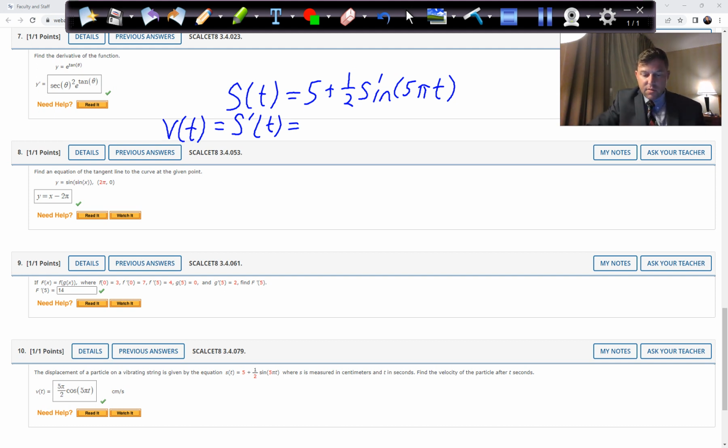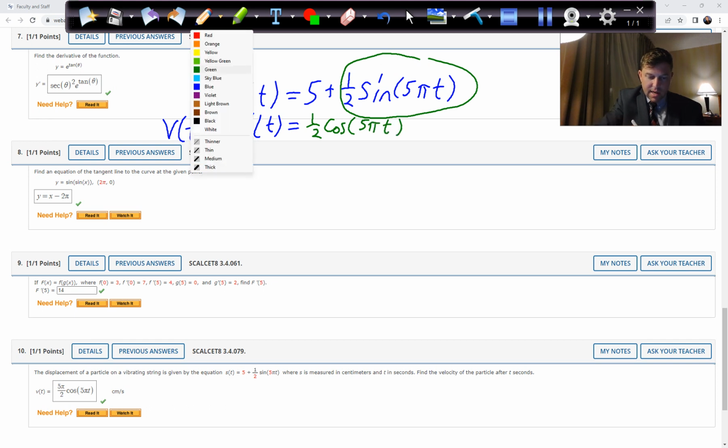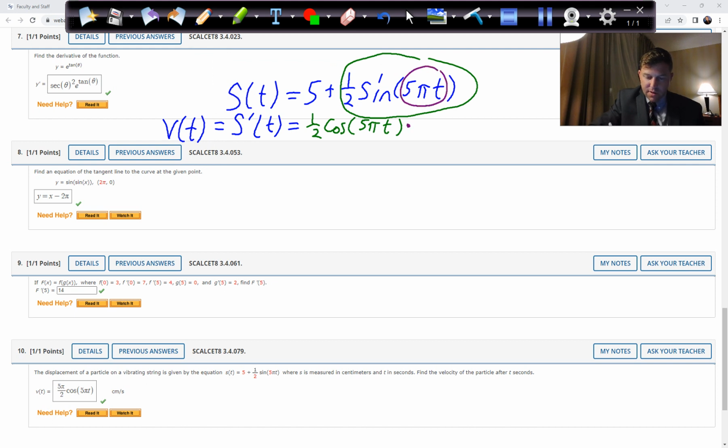Derivative of 5 is 0. Derivative of this would be derivative of the outside function, which would be 1/2. Derivative of sine is cosine. Leave the argument the same. Times the derivative of the inside of the function.